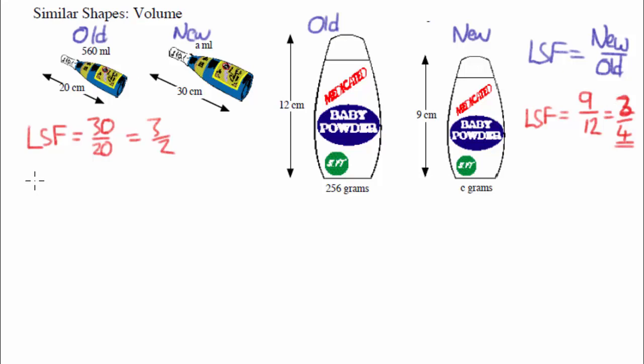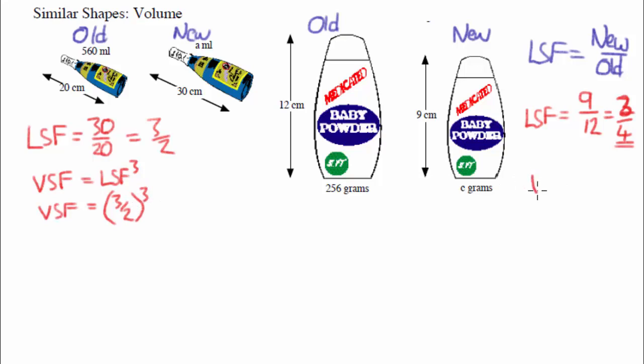Now the volume scale factor, I should say, it's actually just equal to the linear scale factor cubed. Okay, so what we've got here is a volume scale factor equals 3 over 2 cubed.